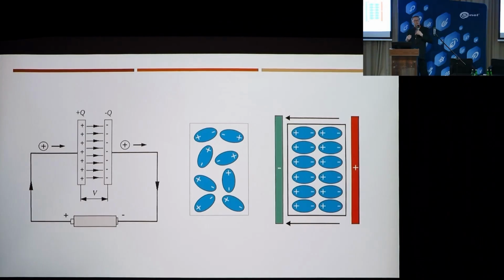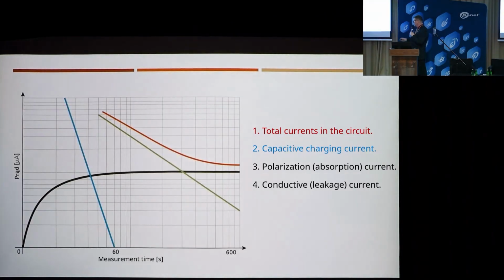That will also require energy. So there'll be a little current there as well. But what we're really interested in is the conduction current, the leakage current, right? Even if we connected an oscilloscope to such a circuit, we wouldn't see those currents separately. They don't occur separately. What we'll see is the sum of all those currents.